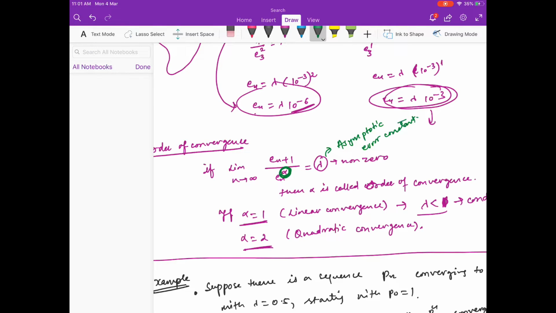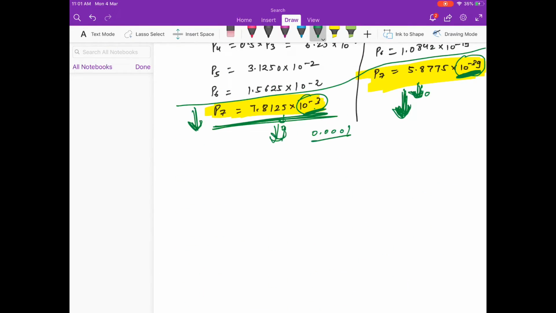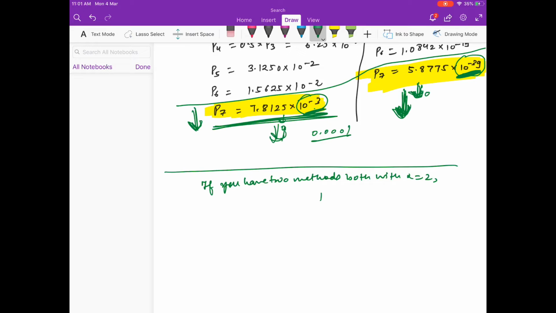If you have two methods, both with alpha equal to 2, then the method with lower lambda is better, because there are two factors: E_{n+1} is equal to lambda E_n raised to power alpha.